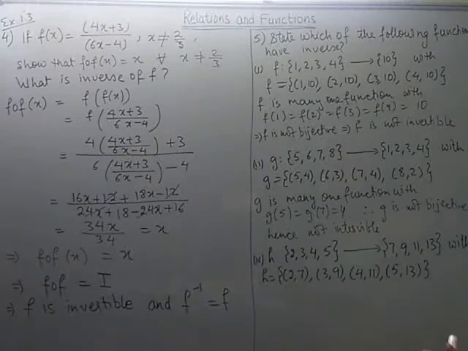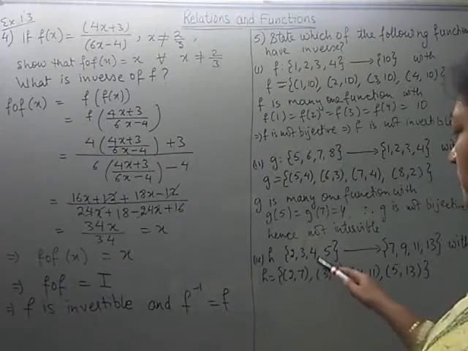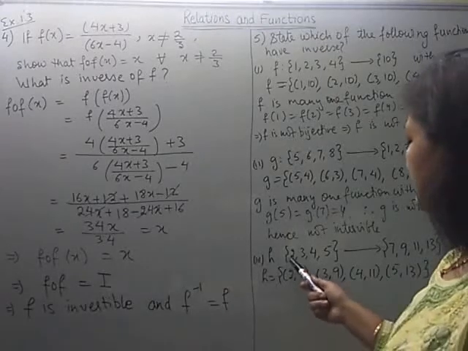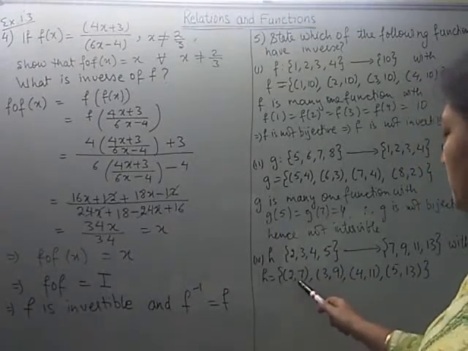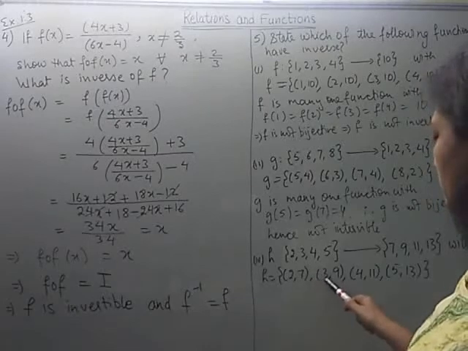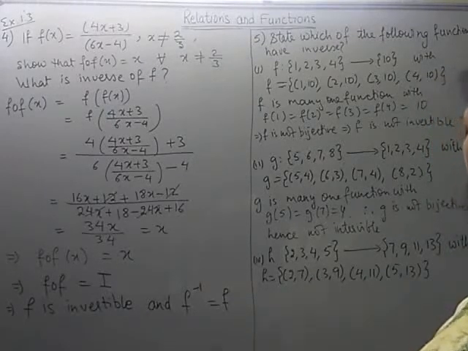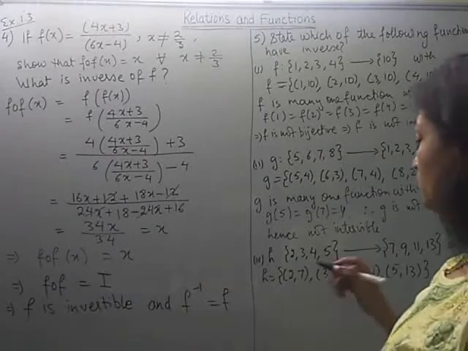Okay, when we come to the function H, 2, 3, 4, 5 are the elements in the domain, 7, 9, 11, 13 in the codomain. Let us see the images of the elements in the domain. 2 has got image 7, 3 has got image 9, 4 is having image 11 and 5 is having image 13. So what do we see?